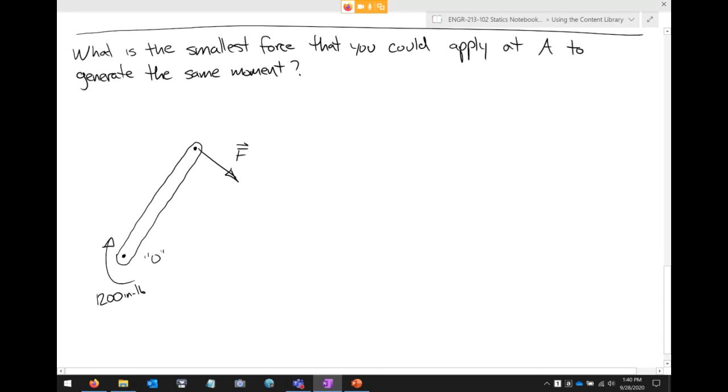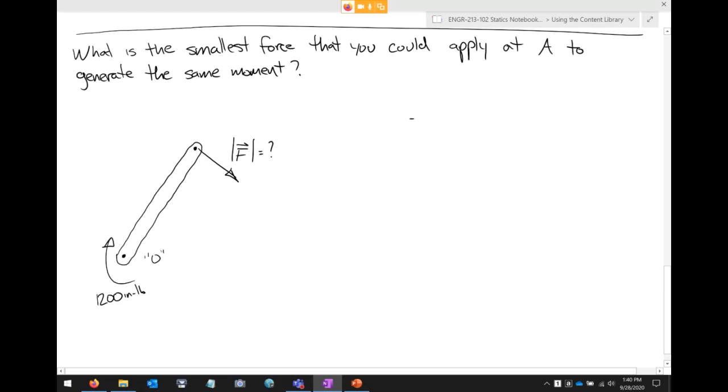So I need to know what the magnitude of this force is to where I can generate a 1,200 inch-pound moment. I'm sure some of you are thinking, hold on, this is an angle, so I need an Fx component plus an Fy component, oh God, this just looks nasty.